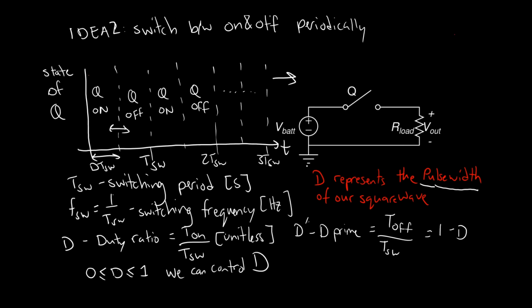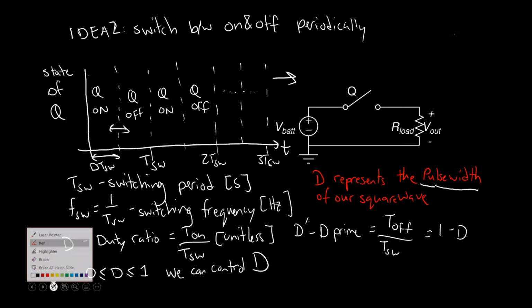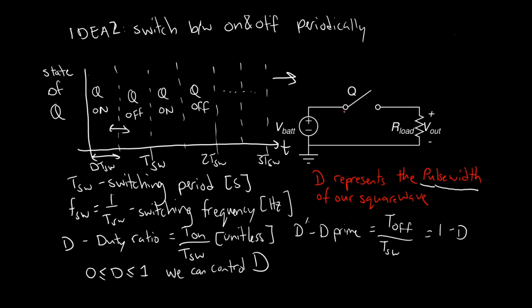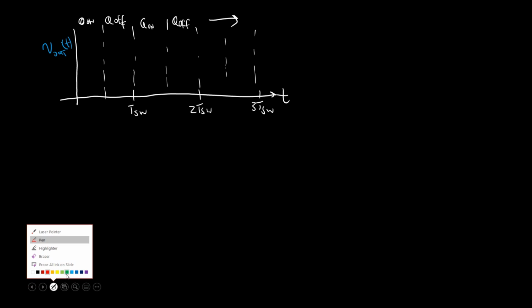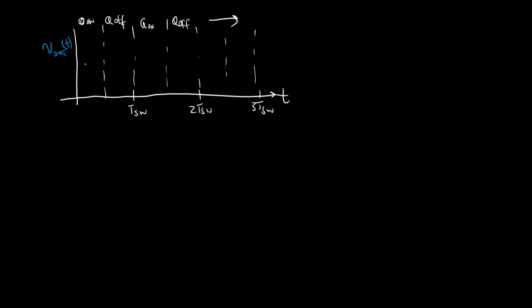So when Q is on, we have a short circuit, which means the output voltage is the battery voltage. There's no difference in voltage between the input and output. So when Q is on, the output voltage is equal to VBAT.